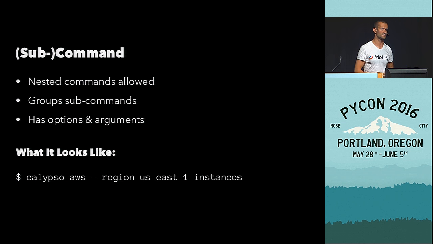If you, for example, have done a --help on uWSGI, you get pages and pages of options that are really confusing, and some of them just apply to a subset of other options. So in this case, this tool basically has two commands. One is AWS and the other one is instances. And then there are options like the region that just specifically applies to that AWS command.